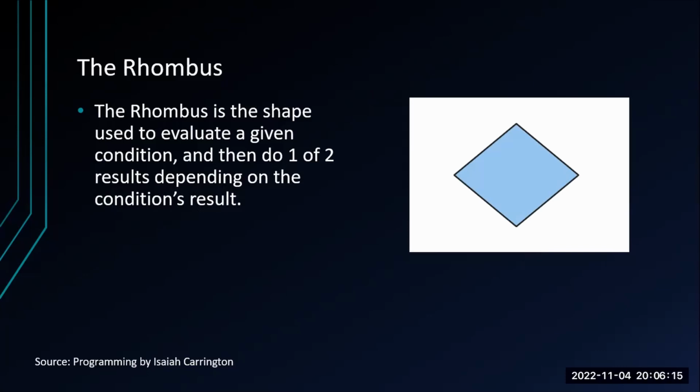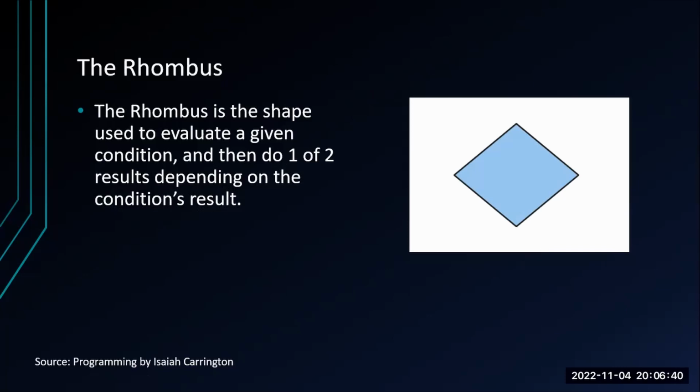So the condition in here, if let's say I is equal to A in a for loop or a while loop or any other loop, it would then show I is less than A or a certain number.